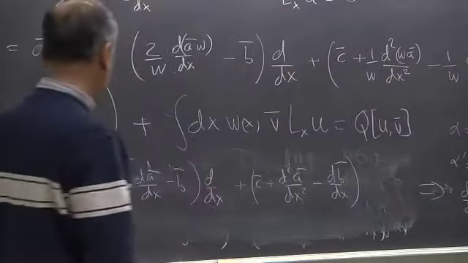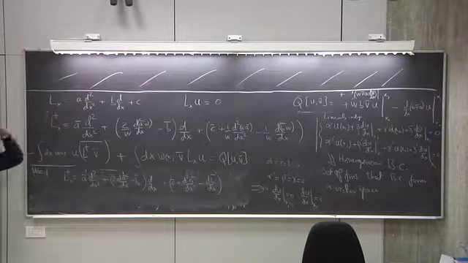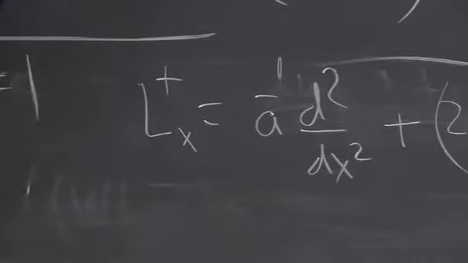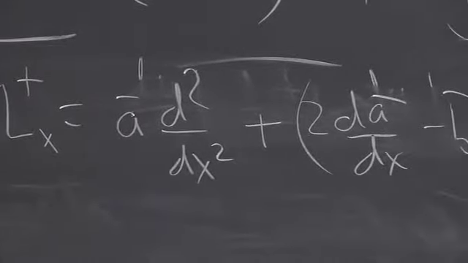Right? This is the operator, and we want this to be the same as that. So we are asking, how can I make L dagger equal to L in this simple case where W is 1?